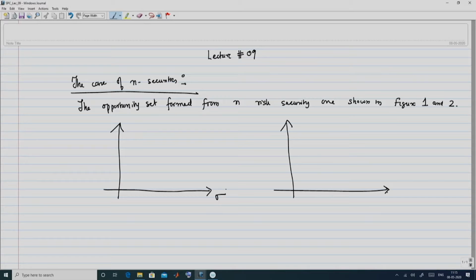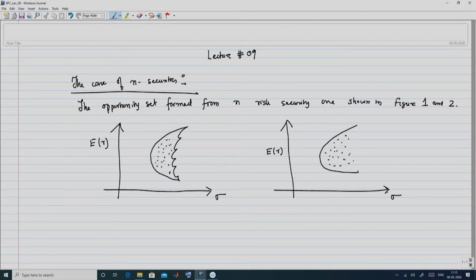So, if we remember correctly, the opportunity set will be given not in terms of weights, but rather in terms of the expected return and risk of the portfolio obtained by that weight combination. So, we will look at two scenarios. In one scenario I will have a graph like this, and in the second scenario I will have a graph like this, with all these dotted points representing different portfolios, and the entire thing together is what constitutes the opportunity set.